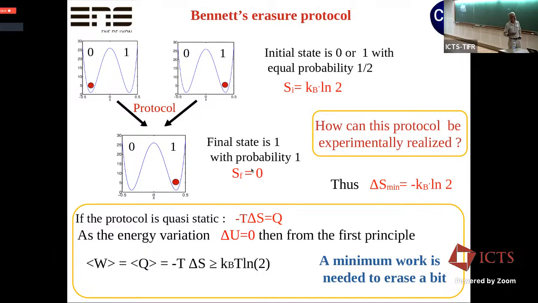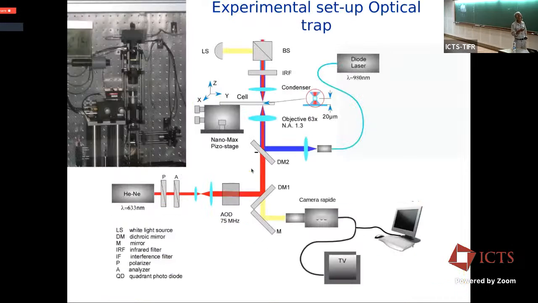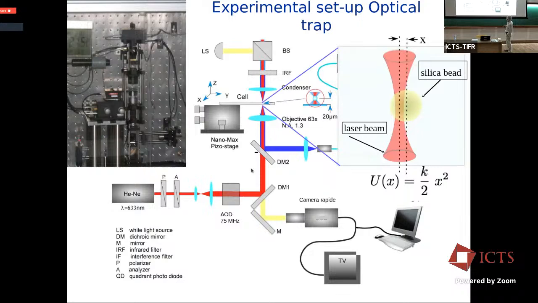So how can this protocol be experimentally realized? Okay, so again, we will use the famous optical trap that we already discussed, so I'll skip this because it has been already discussed.